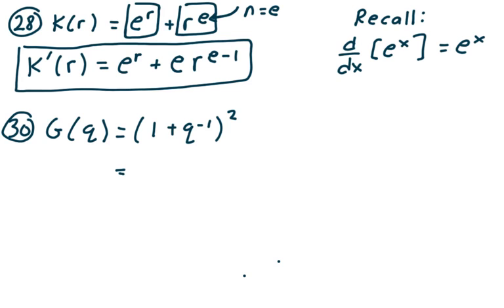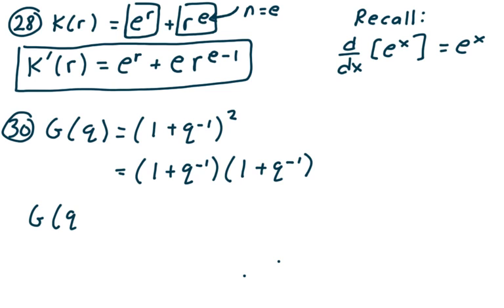Okay? So this is 1 plus q to the negative 1 times 1 plus q to the negative 1. And we're going to multiply that out first before we take the derivative. So we get 1 times 1 is 1, plus 2q to the negative 1 plus q to the negative 2.